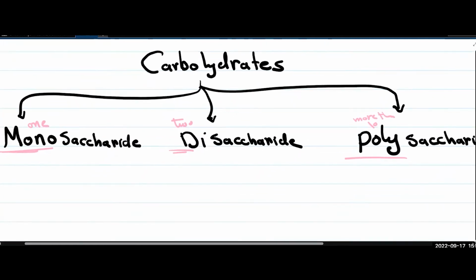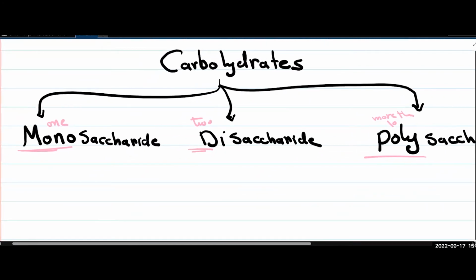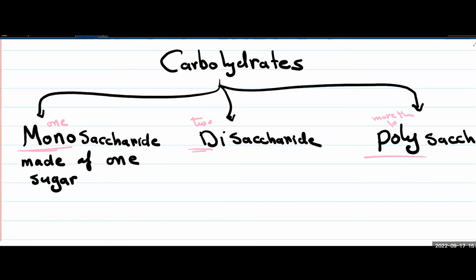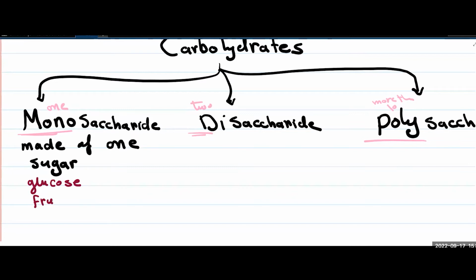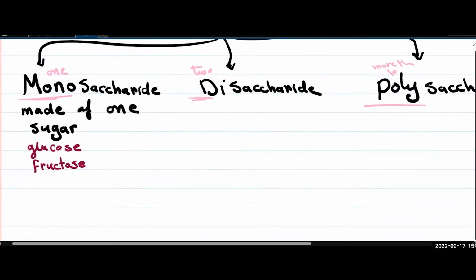Monosaccharide means the carbohydrate made of one sugar. Examples of monosaccharides: the most famous one is glucose, and its isomer, which is called fructose, and we'll learn why they are isomers of each other. And there is another one called galactose.